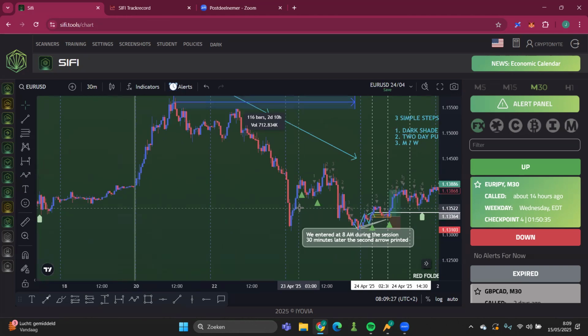Oh, another tip, by the way, we want to have our stop loss smaller than around 30 pips or smaller. You don't want to have a stop loss of like 50, 60, 70, 80, 90 pips. That doesn't make sense because we are targeting a 1 to 2.